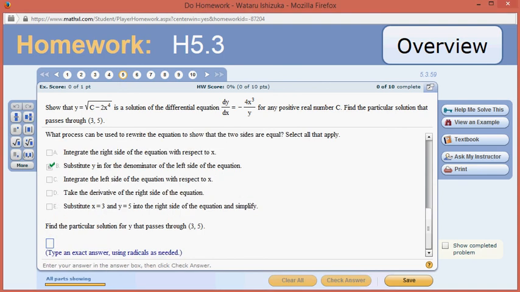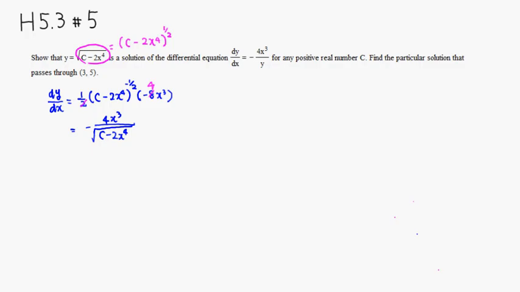Alright, find a particular solution y that passes through 3, 5. Right, so all you really have to do is, okay, it's 3, 5. Means that y of 3 is supposed to be equal to 5, right?